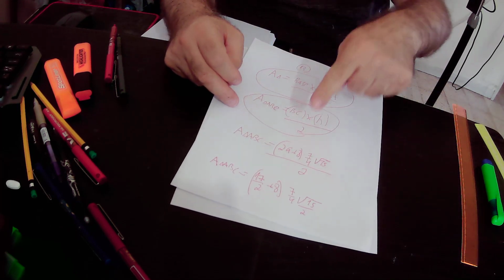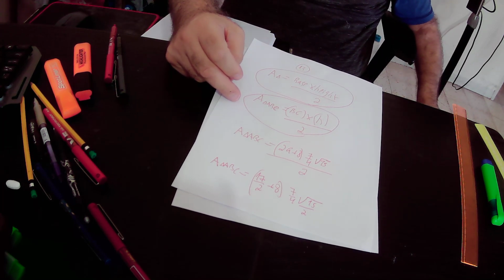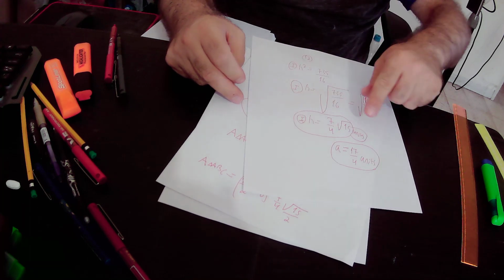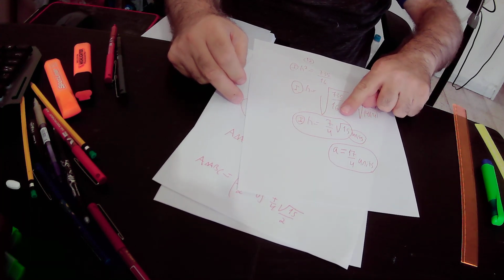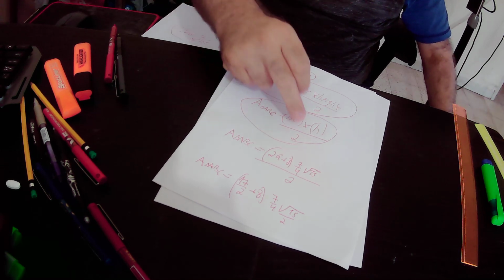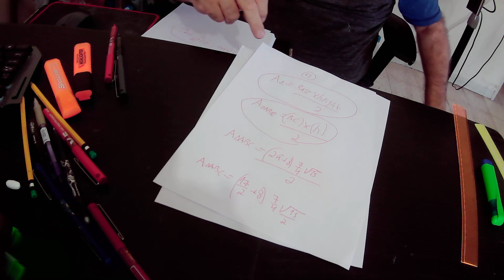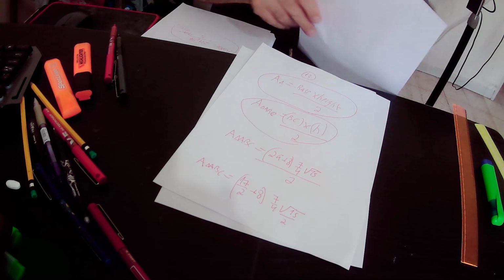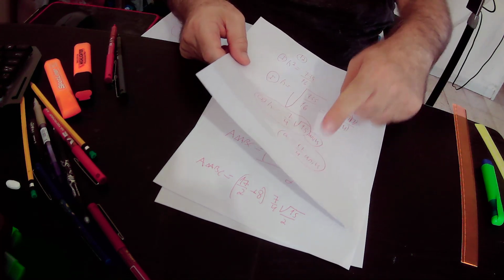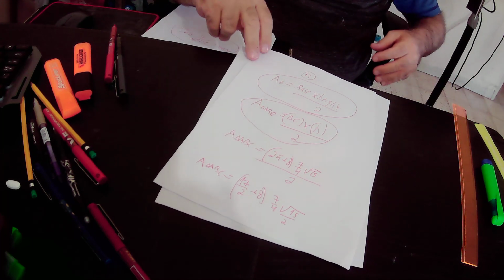BC equals 2A, and H we have already found equals 7 over 4 times root 15 units, so we can substitute H by 7 over 4 times root 15 units, and we can also substitute A by 17 over 4 units.